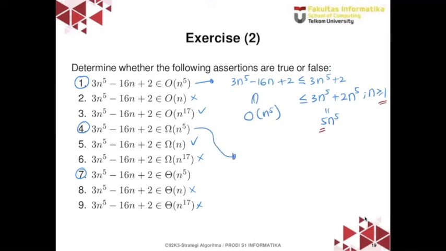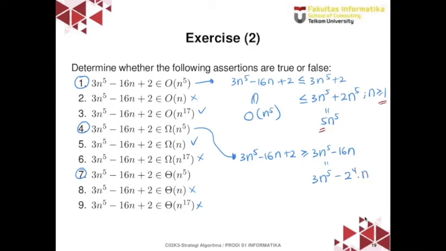And then for big omega, we have 3n^5 - 16n + 2. It is larger than something, so we need to think, what is smaller than this? Well, here we have +2, so we can only consider 3n^5 - 16n, right? And this is equal to 3n^5 - 2^4 times n.